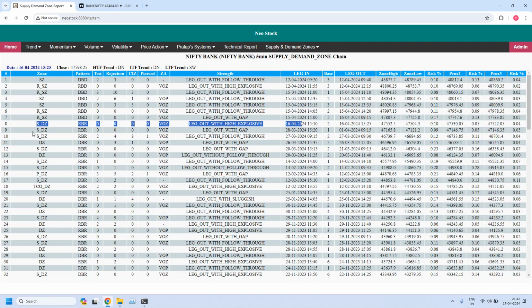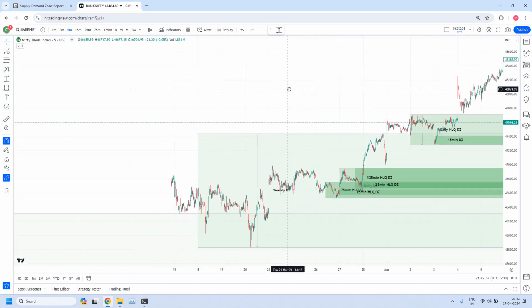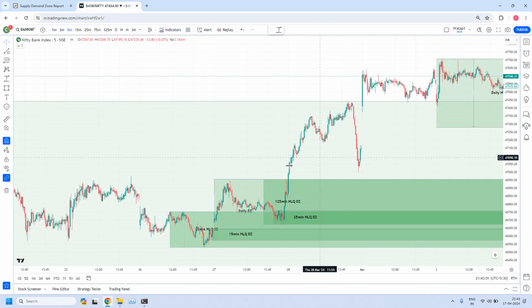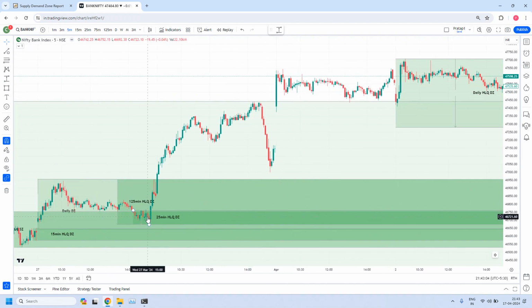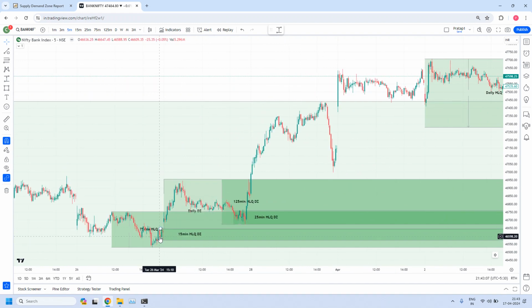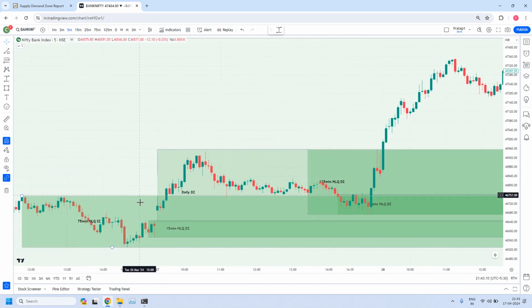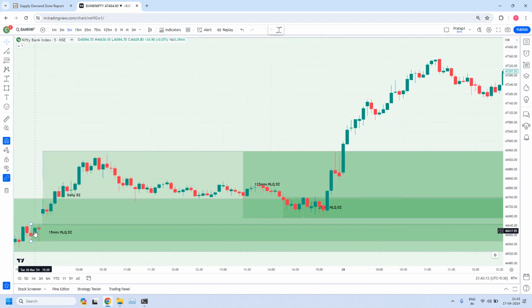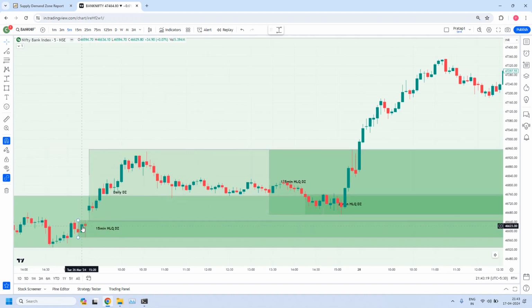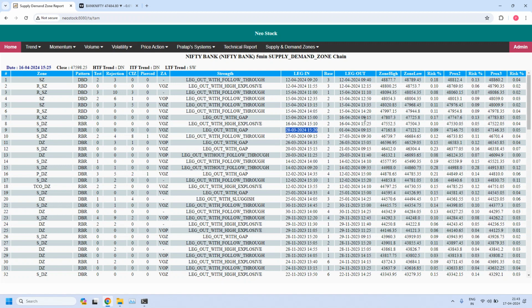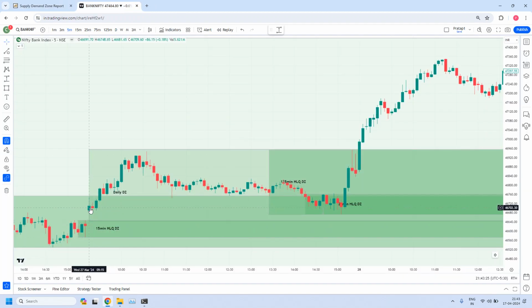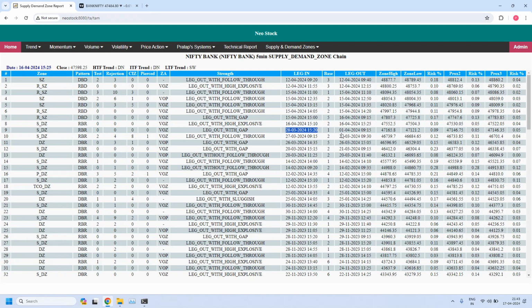And what else? We have one more high liquidity demand zone. That is 28.3, 15.20. That means here. This is 27, this is 15.20 here, the same candle. We have one base candle, right? Next 1.4. Sorry, 28.3 and 1.4.